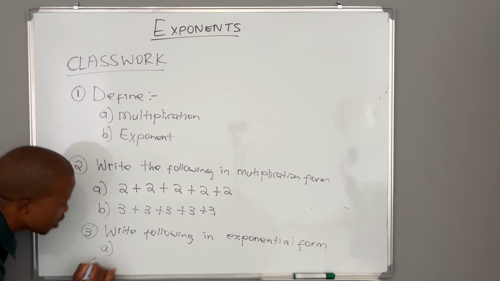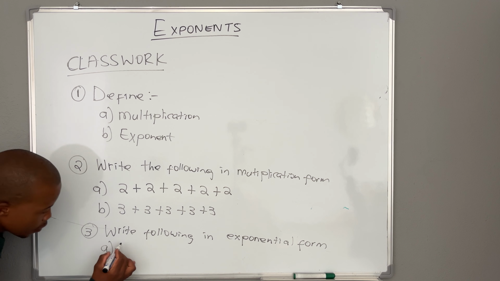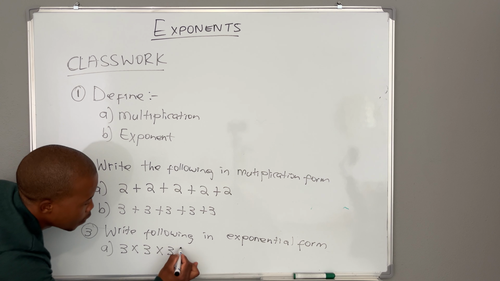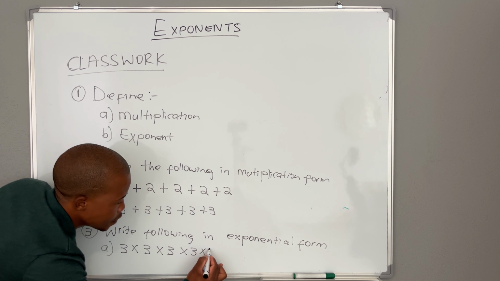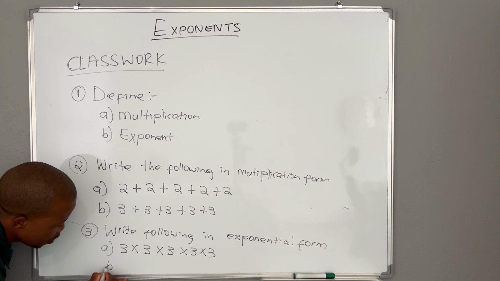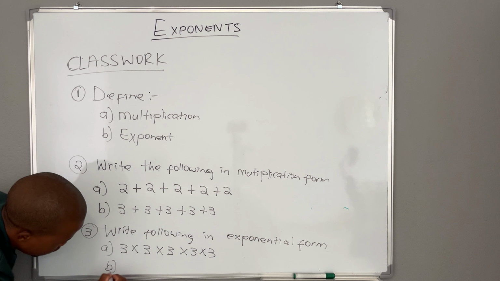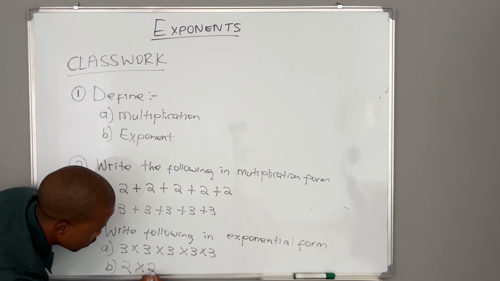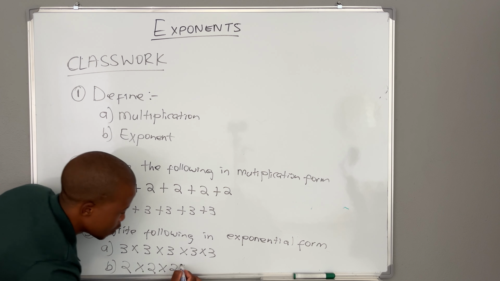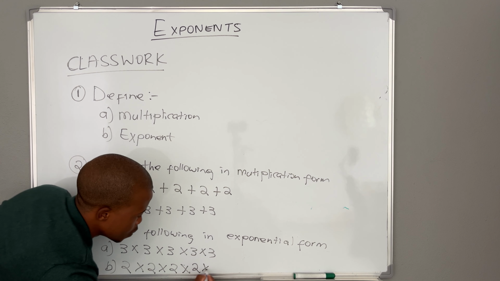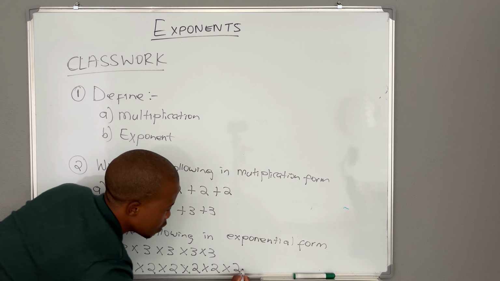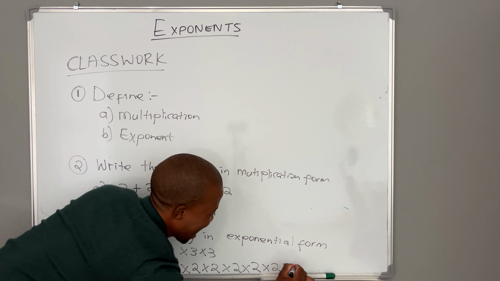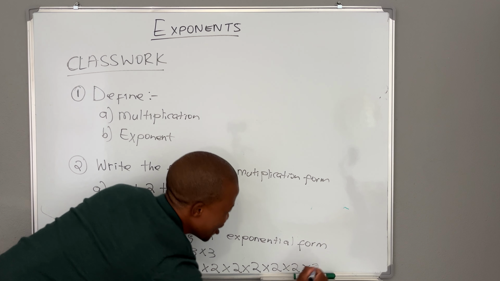A, we're going to have this, and then number B, you're going to have this.